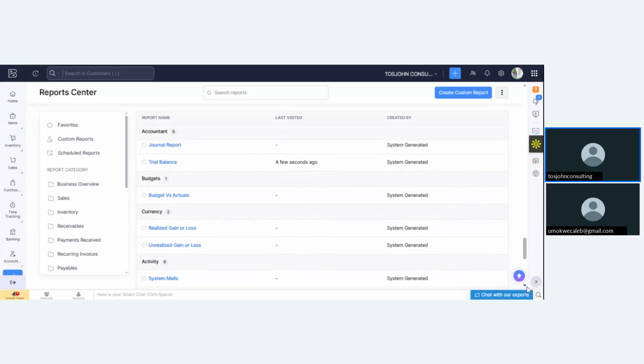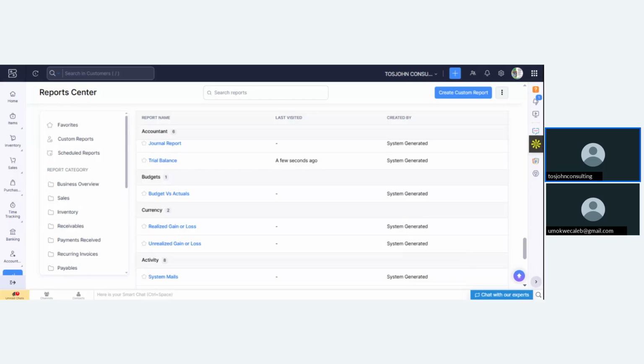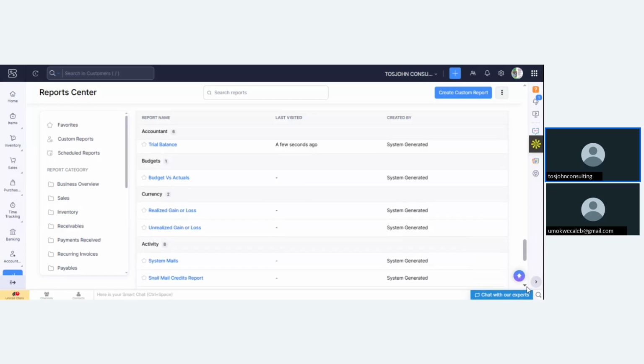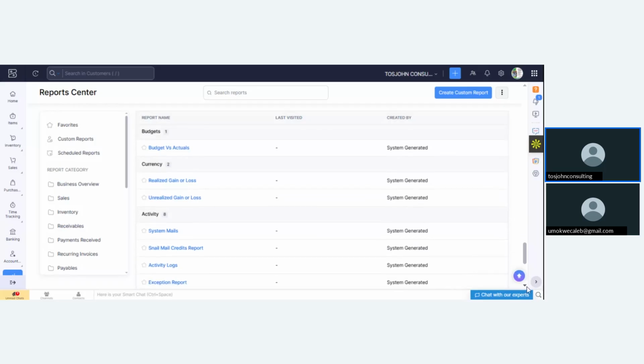Budgets. You also have budgets, especially for clients that we implement Zoho One for. If you implement Zoho One, you have everything, right? All your ERP, enterprise resource, all the departments of the business, you have it here.